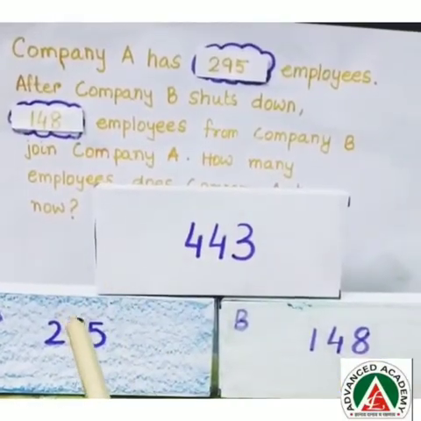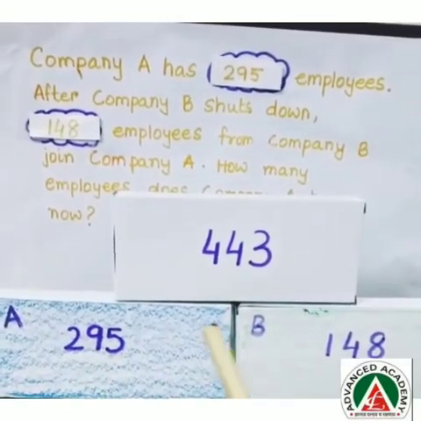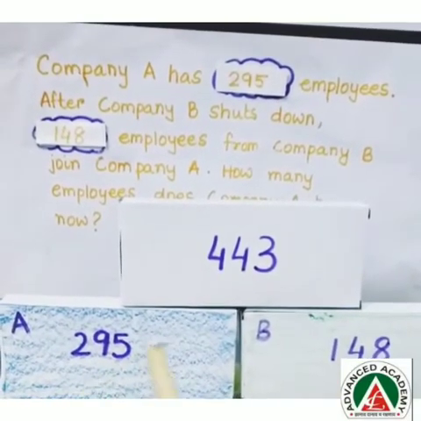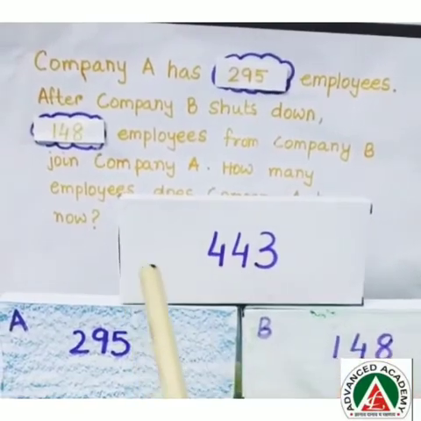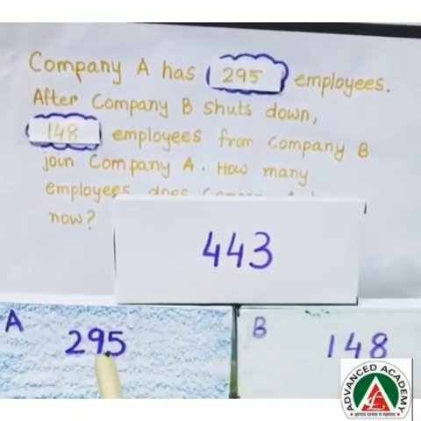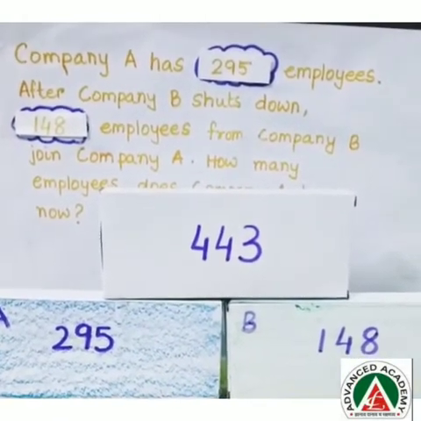Now we can see that Company A has 295, B has 148, and when they join together, we have in total 443 employees working together in Company A.